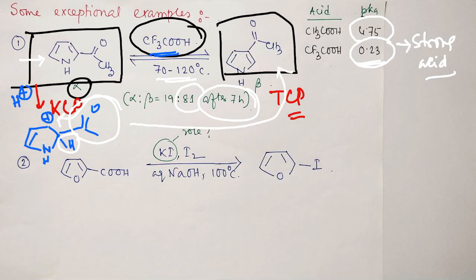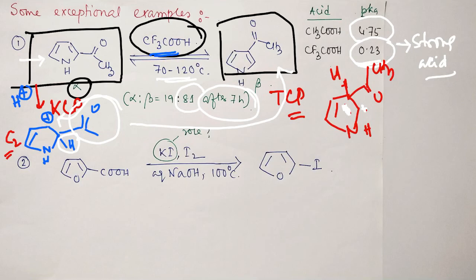Now the question is, why not the reverse one? See, in this case, AES is happening on C2. But if it comes to revert back, then AES needs to happen on C3. What do I mean? There is a proton, there is COCH3, so there will be a positive charge here.